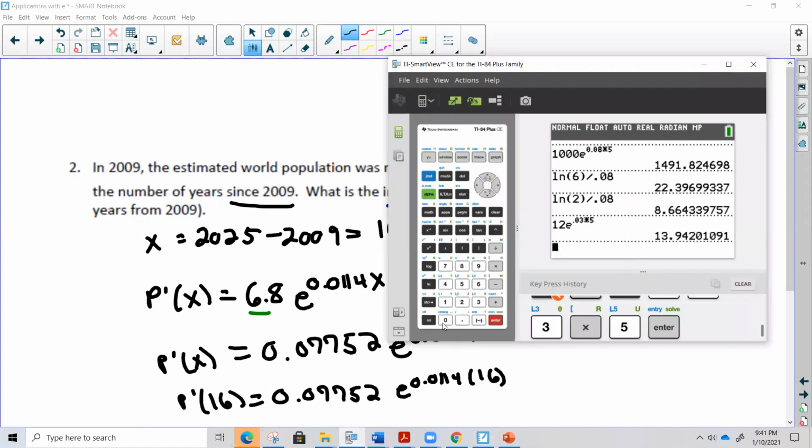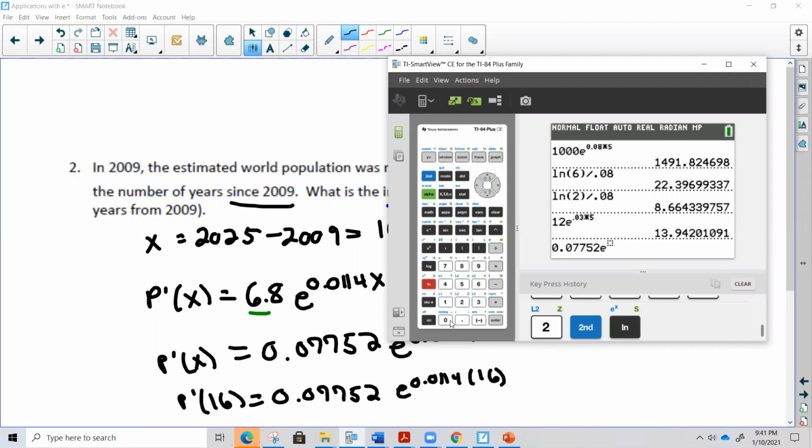And again, I'm going to use my calculator. So I have 0.07752. I'm going to hit second and then that ln to bring up the e. And I'm going to hit 0.0114 times 16 in the exponent.